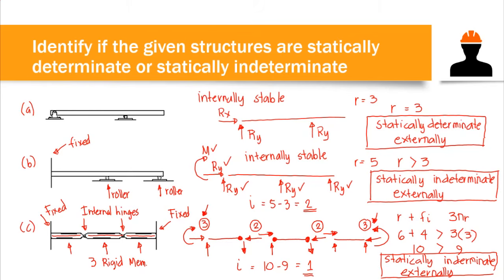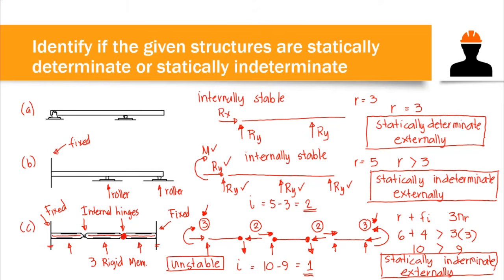Now for stability, since we have internal hinges, if we omit the external support, there would be a rotation of the members, or a large deformation due to internal hinges. So that means this one is an example of an internally unstable structure.